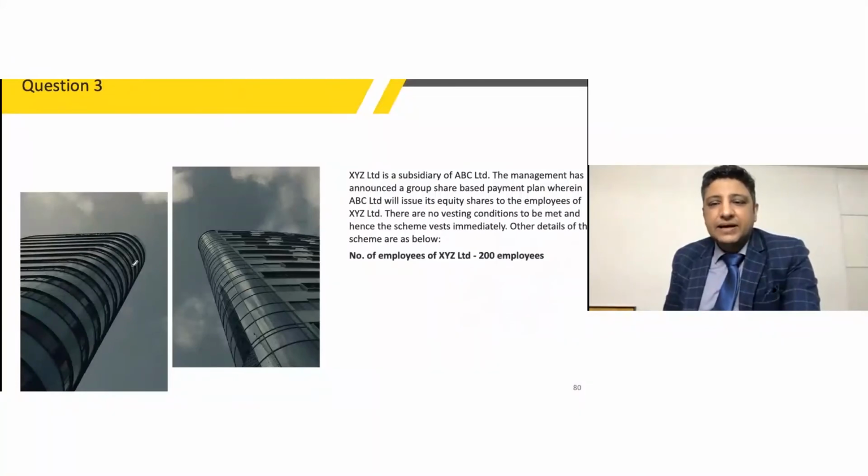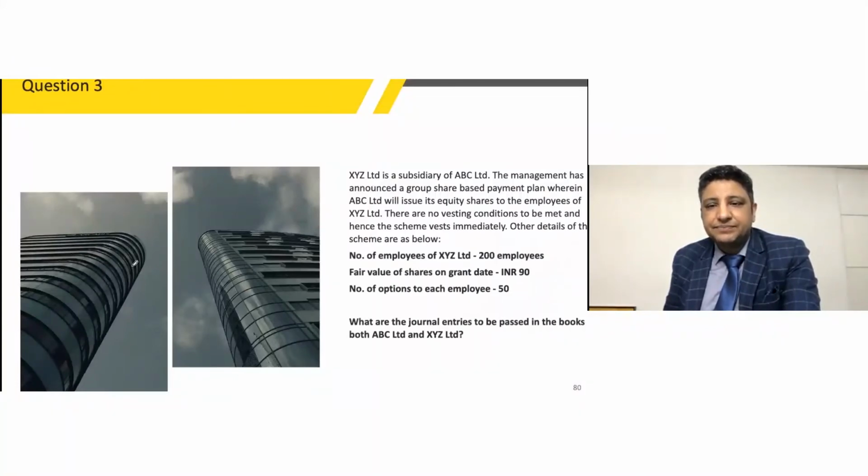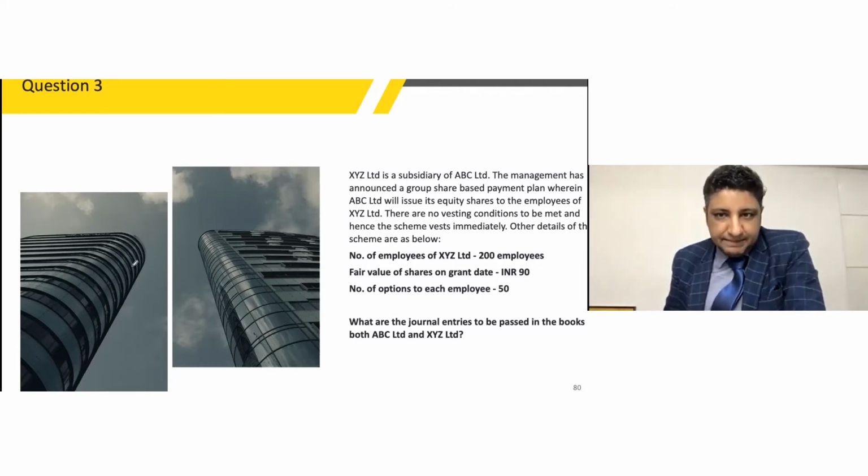Let's have a look at this particular question. It says that XYZ Limited is a subsidiary of ABC Limited. The management has announced a group share-based payment plan where ABC will issue its shares to the employees of XYZ. There are no vesting conditions to be met. Hence, the scheme vests immediately.